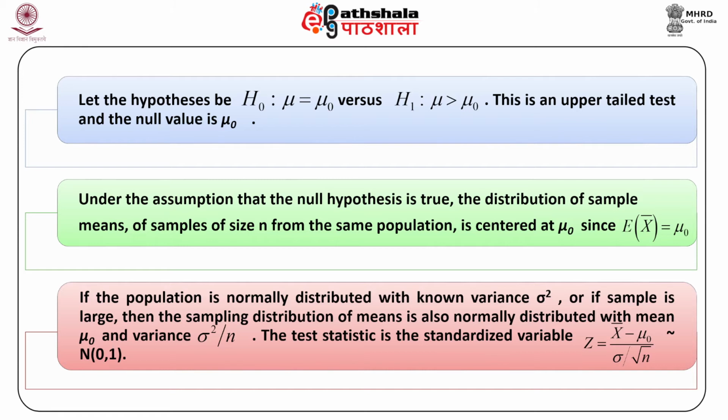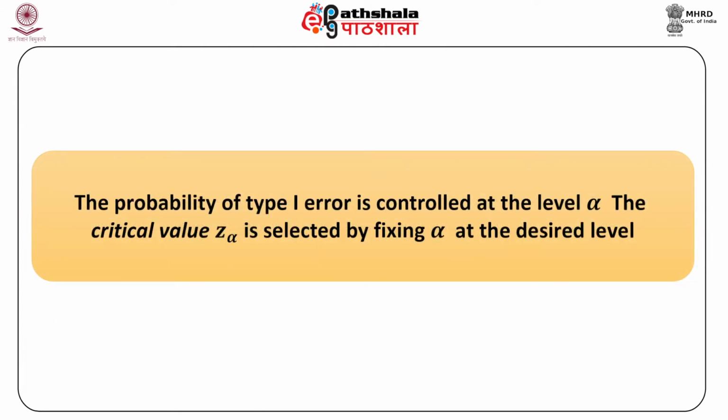The test statistic in that case is the standardized variable z, equal to x bar minus mu 0 upon sigma by root n, and is distributed normally with mean 0 and variance 1. The probability of type 1 error is controlled at the level alpha. The critical value Z alpha is selected by fixing alpha at the desired level.